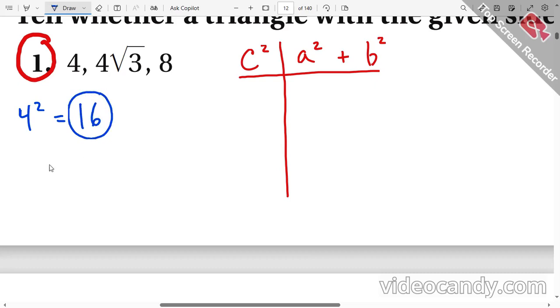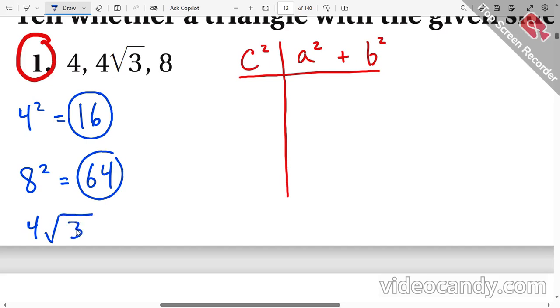And we'll do the 8 squared. 8 squared is just 64. 8 times 8. And if we do 4 radical 3 and square it, that's equivalent to 4 squared times radical 3 squared.